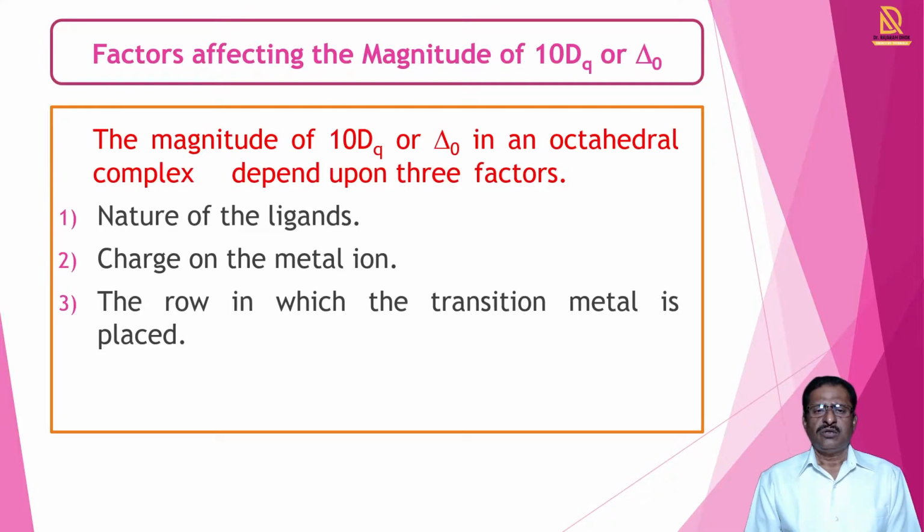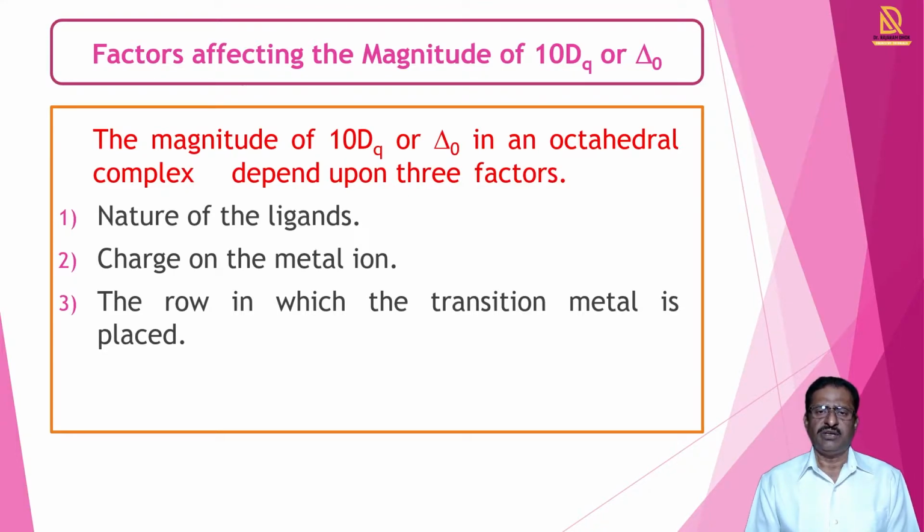In the factors affecting the magnitude of 10Dq in octahedral complexes, there are three main factors. The first factor is the nature of the ligand. The second factor is the charge on the metal ion. And the third factor is the row in which the transition metal is placed.